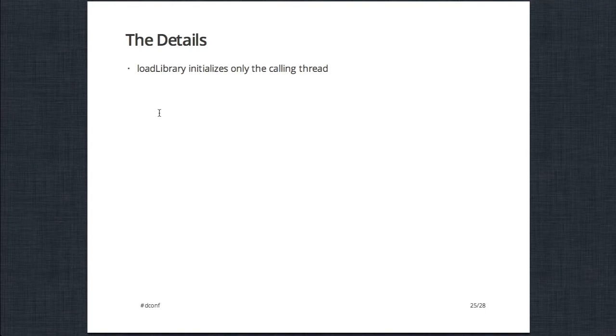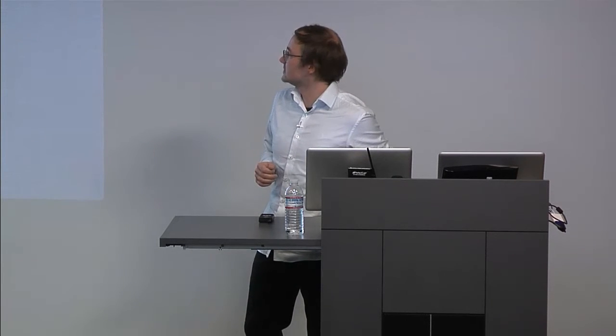Windows does a very ugly hack right now: if you load a shared library on Windows, the loading thread iterates over a list of all threads, pretends to be another thread and initializes the library for them, which doesn't work because it creates race conditions. It isn't portable to POSIX. It's not the right solution. And on the other hand, it's also not really efficient.